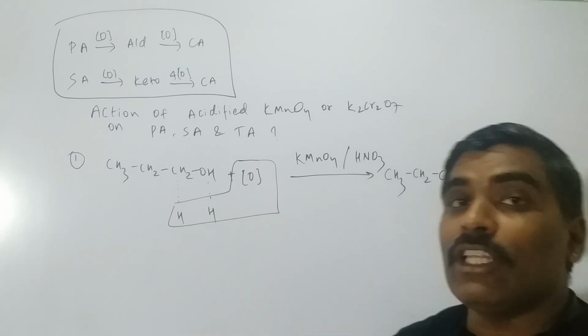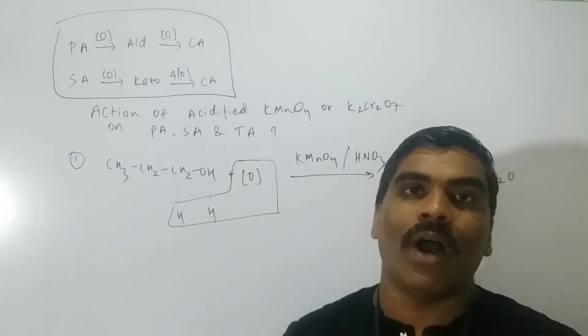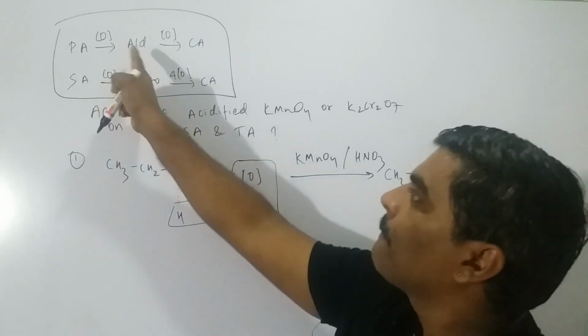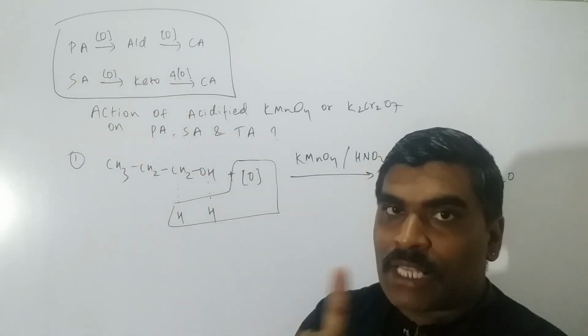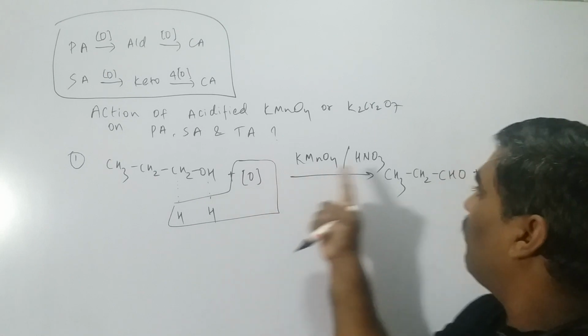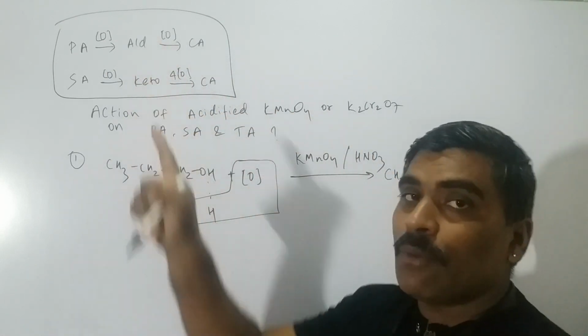But this reaction will not stop here. Why? See, primary alcohol requires one oxygen to give aldehyde. Now aldehyde requires one more.